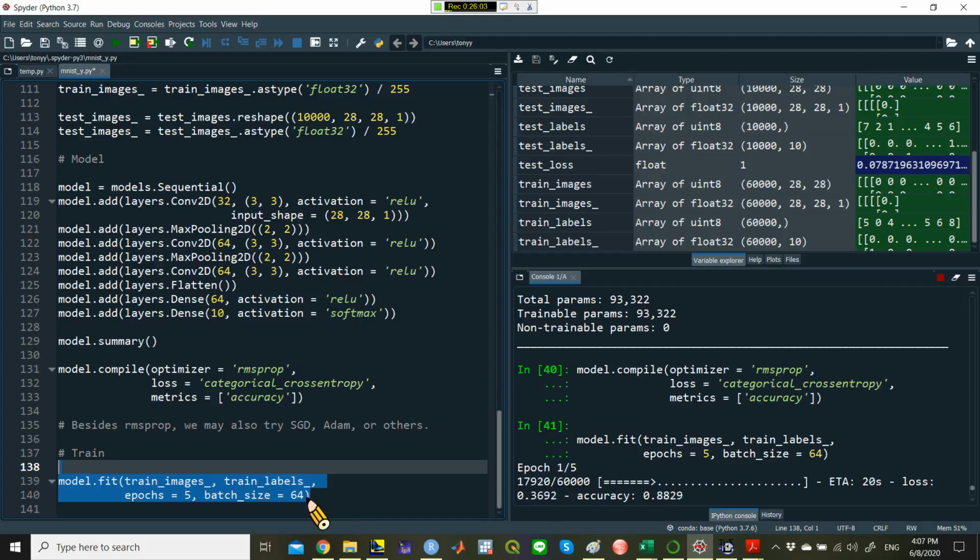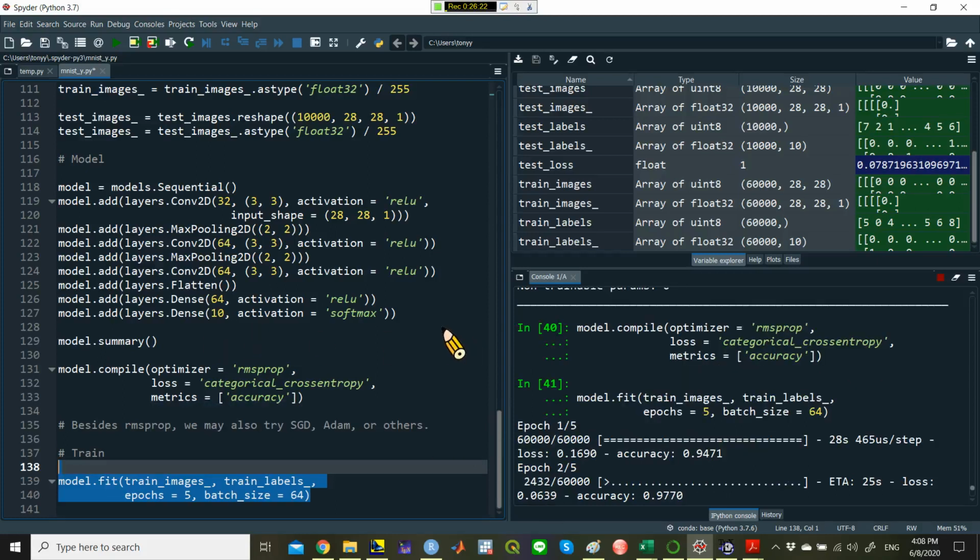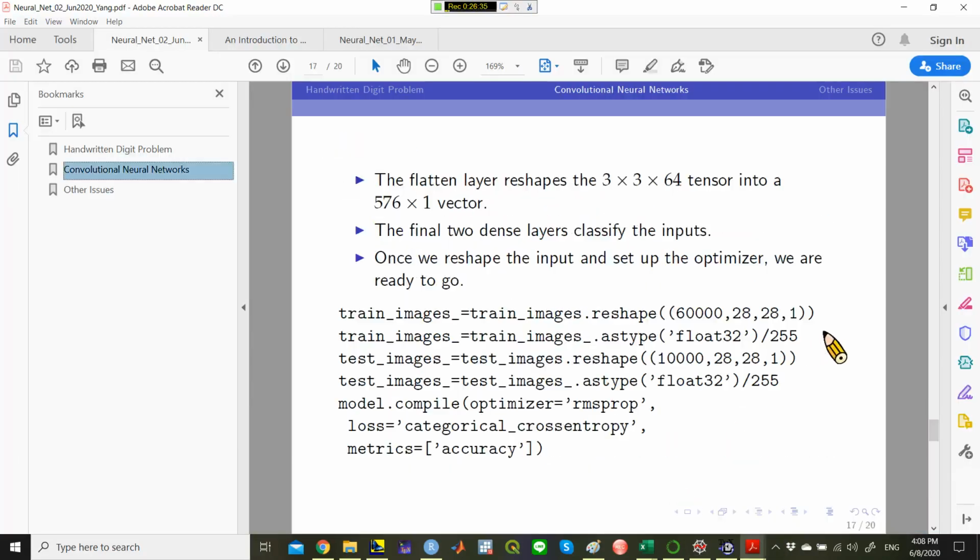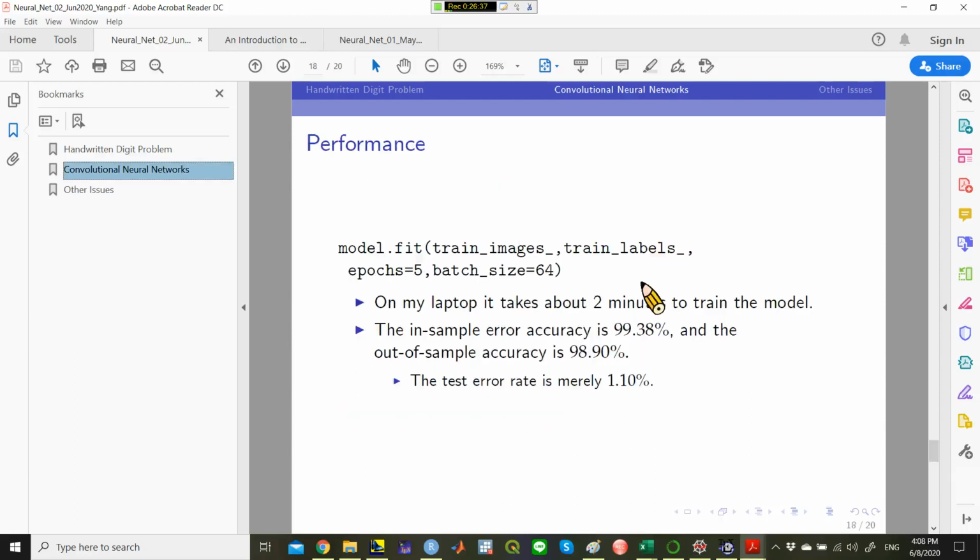We consider an even smaller batch size, which is 64, and you'll find out that it takes a bit longer to train this model, longer than the simple feed-forward neural net we saw before. When I tried it at home, it took me about 2 minutes, so we'll see how long it takes here. The first epoch took 28 seconds, so in total maybe a little bit more than 2 minutes. We'll go back to our slides for the results later. So here is what we do.